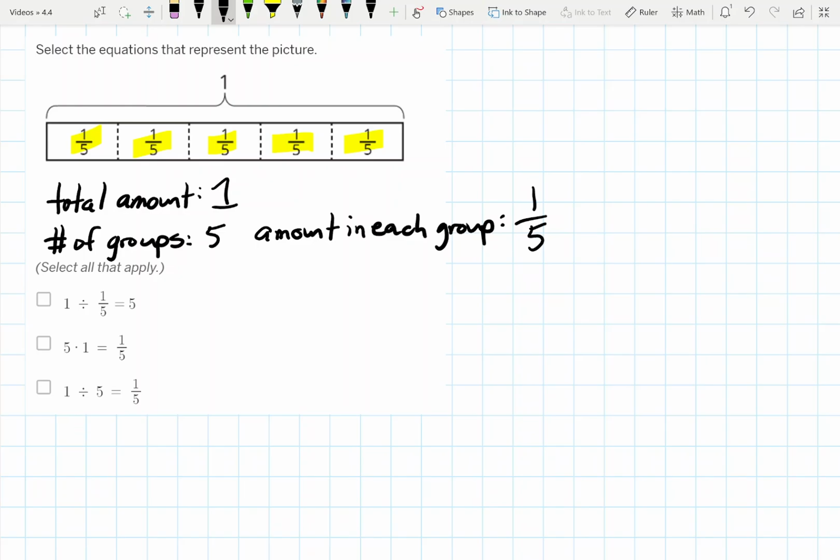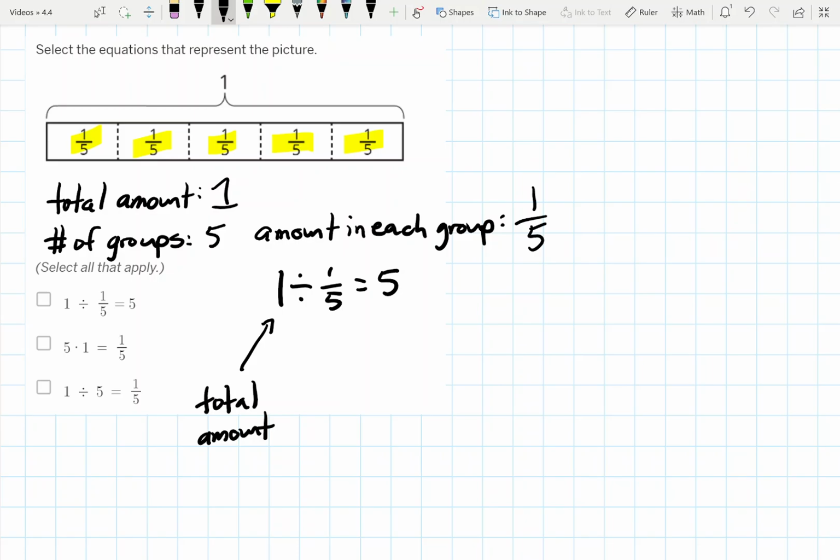But if I look at 1 divided by 1/5 equals 5. So I'll write this over here. 1 divided by 1/5 equals 5. So remember, with division equations, our dividend is always going to be our total amount. So this is our total amount. Our dividend is 1.